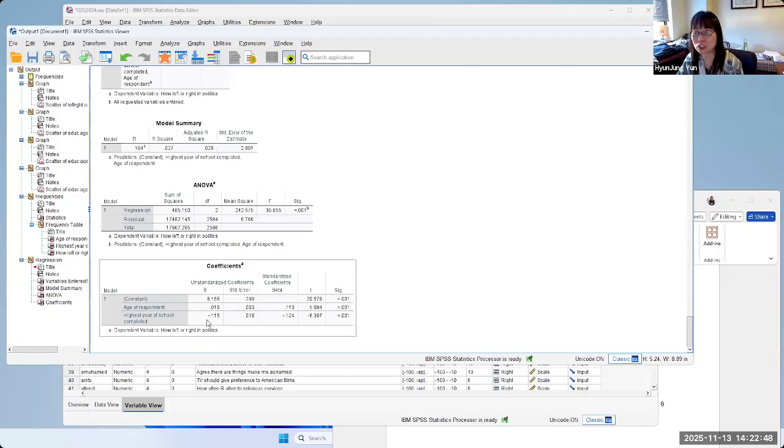If you have one additional year of education, you are more likely to be liberal by 0.115 on a scale of 10. Or you are less likely to be conservative by 0.115 on a scale of 10. So depending on how you want to word and write up your sentences for the result, that's what you can say for an individual independent variable.